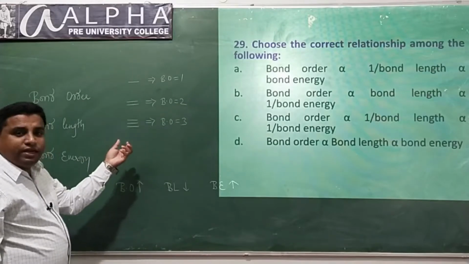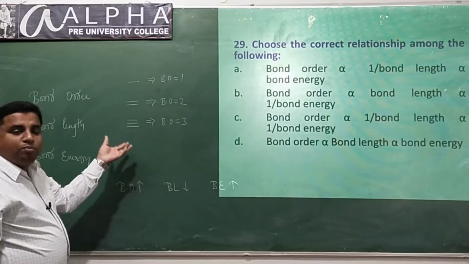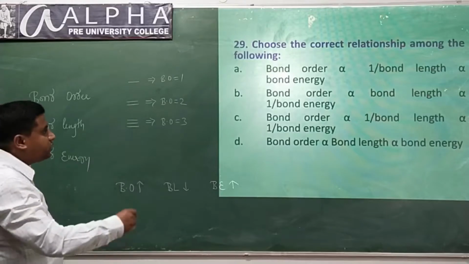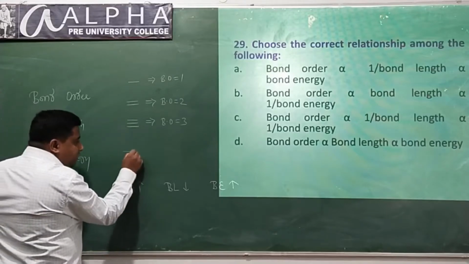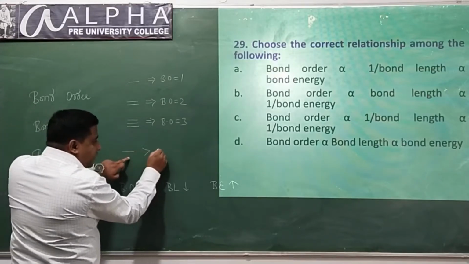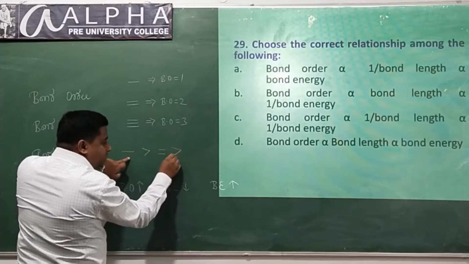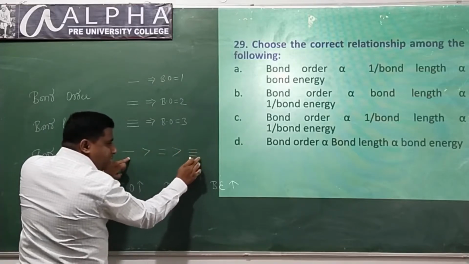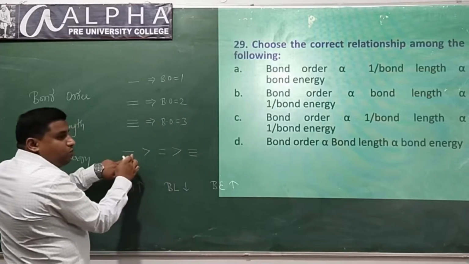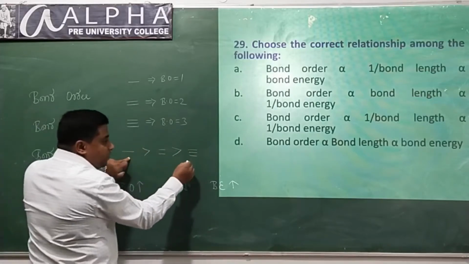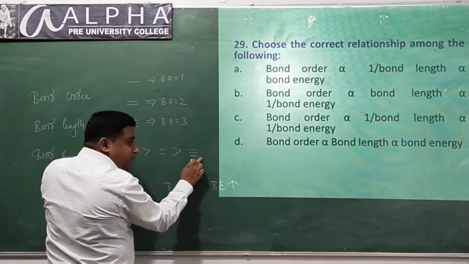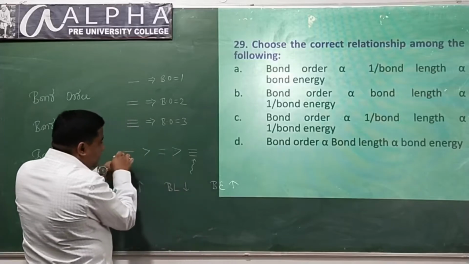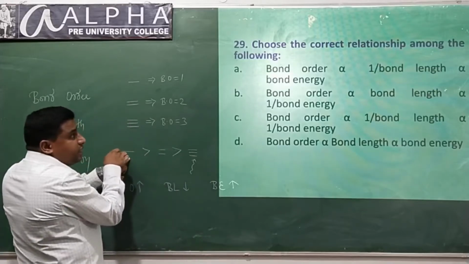As the bond length decreases, we have to supply more energy to break the bond. A single bond is longest, then double, and triple is shortest. So we have to supply more energy to break a triple bond, then a double bond, then a single bond. Are you not able to understand here?